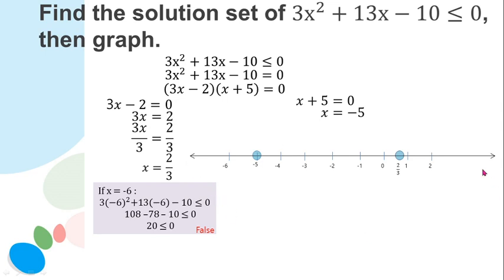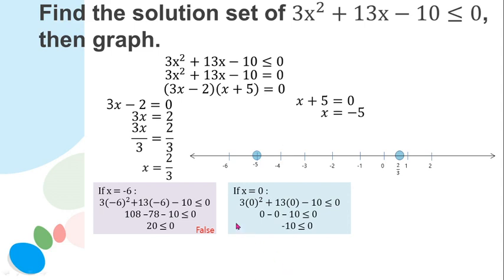Next, we use another test point from the middle region, the region between negative 5 and positive 2/3. So, we use 0. If you want to use negative 1, negative 2, negative 3, or negative 4, you can also do so, but we use 0 since it is much easier to deal with.